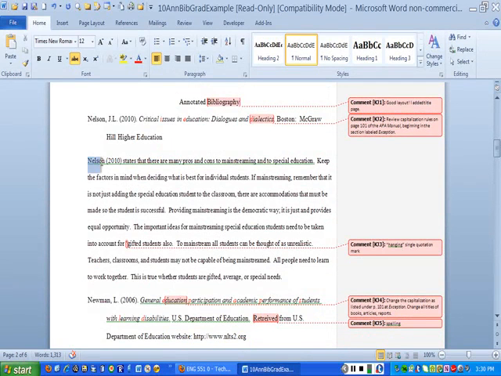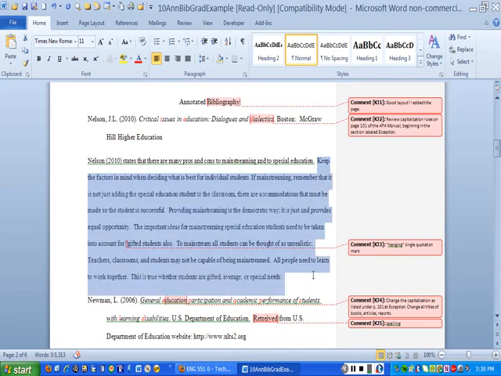So you use the author's last name plus the year in parentheses and a verb that indicates your thesis statement, or Nelson's thesis statement will follow. Nelson, 2010, states that there are many pros and cons to mainstreaming and to special education. Here's the main idea, and then the supporting details follow.